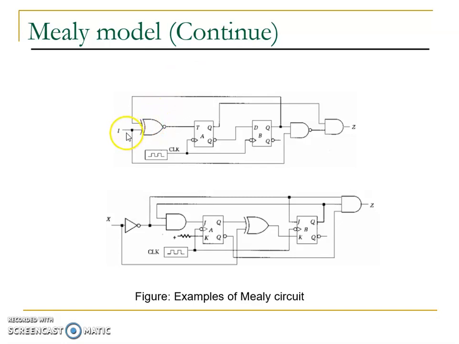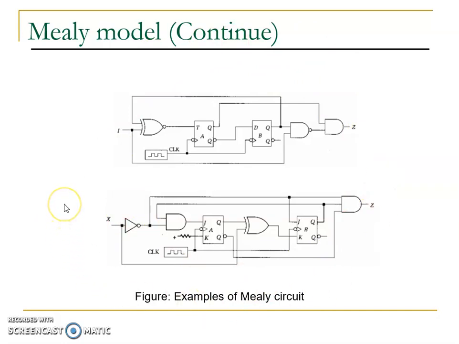For this circuit, this is input I. You can see that this I is connected to output Z, so we can say that this is a Mealy machine. The same goes for this one. We have input X, and this X bar contributes to the output Z. So input and output Z means that this is a Mealy circuit.